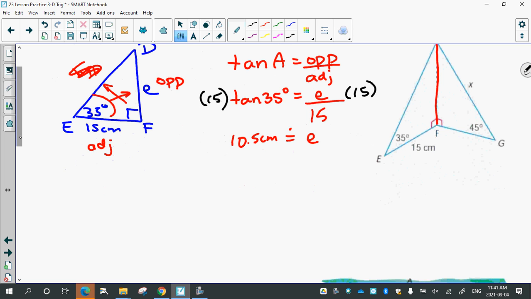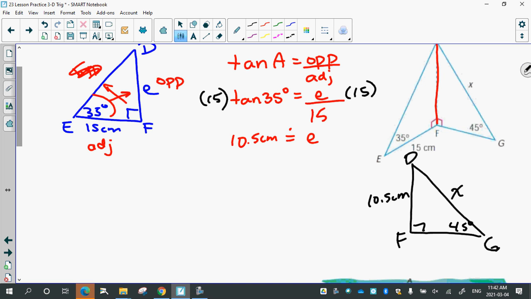So now I want to redraw triangle DFG. It looks like this, and we just found out that D to F was 10.5 centimeters. We want to find X. According to my 45-degree angle, this is the opposite side, this is the hypotenuse, and this is the adjacent.